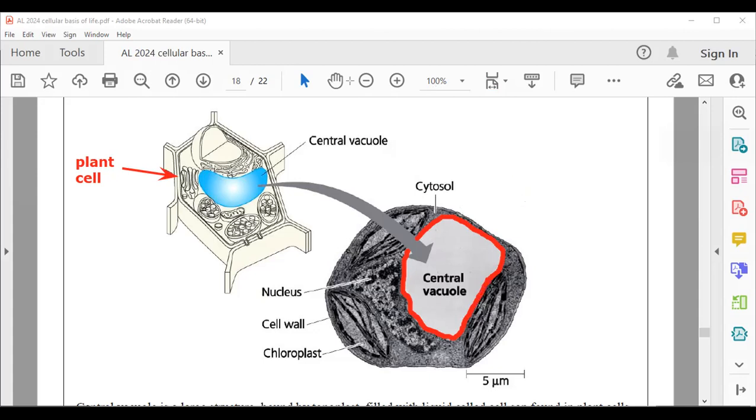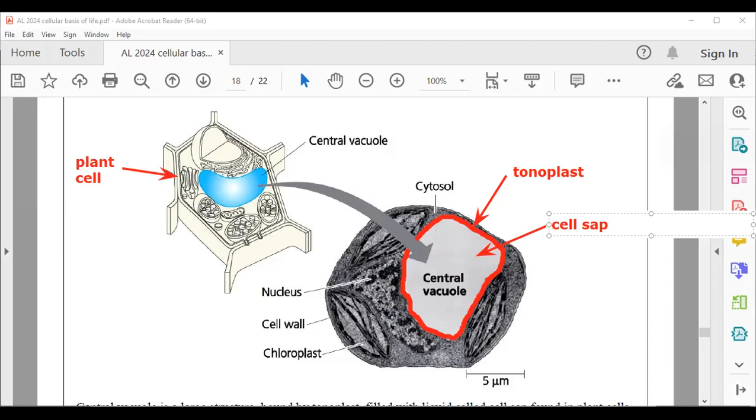Take a color pen and draw this membrane a little darkly. This membrane is called the tonoplast. It may be a familiar word to you from your lower grades. Inside the tonoplast, what is present is called cell sap.